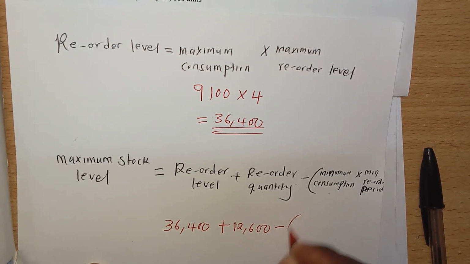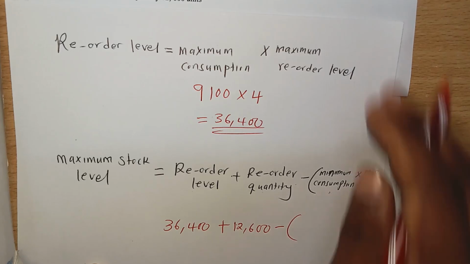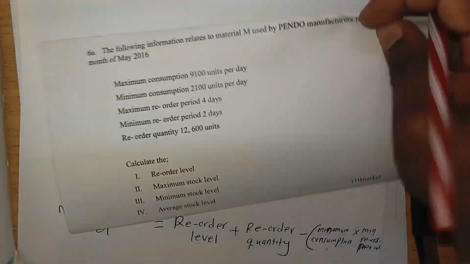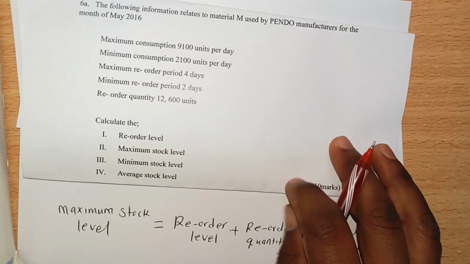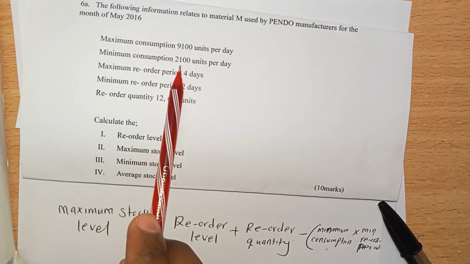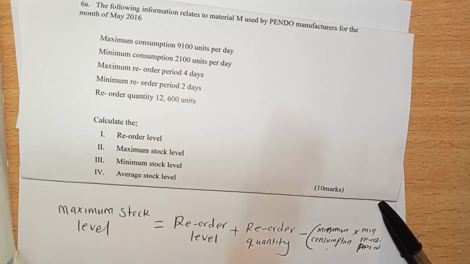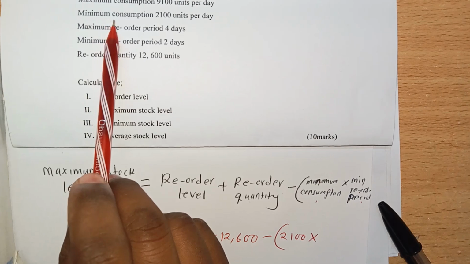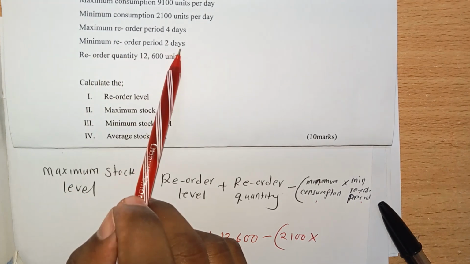Then you less, open the bracket, minimum consumption, which is 2,100 units, multiplied by the minimum reorder period, which is 2 days.